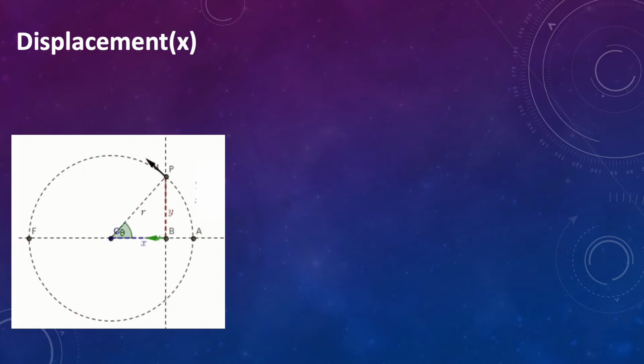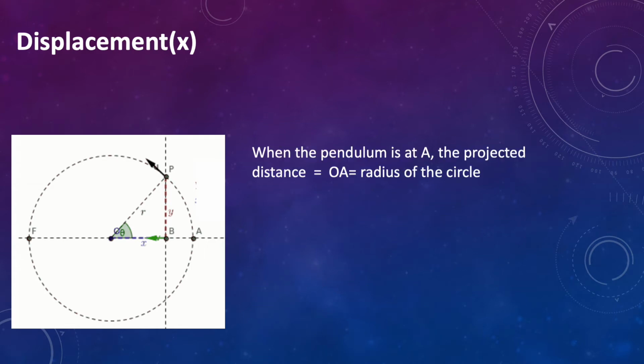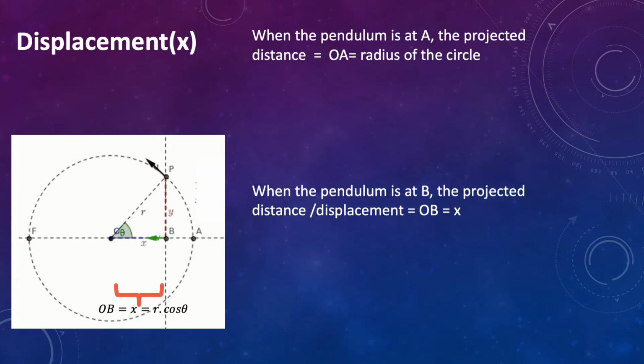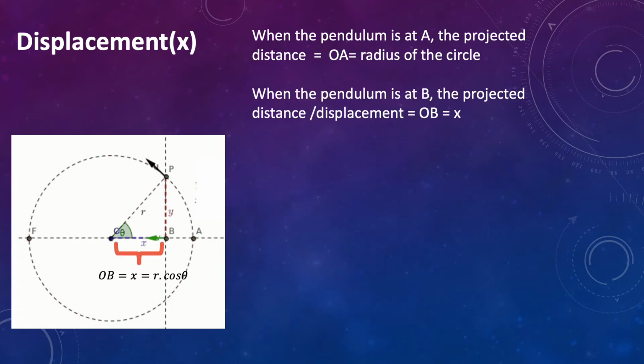Now let's derive the equations for simple harmonic motion. First, the displacement. When the pendulum is at A, the projected distance OA is equal to the radius of the circle. When the pendulum is at B, the projected distance is OB, which is equal to x, and we can call this the displacement. x is equal to r cos theta, the horizontal component of the radius.